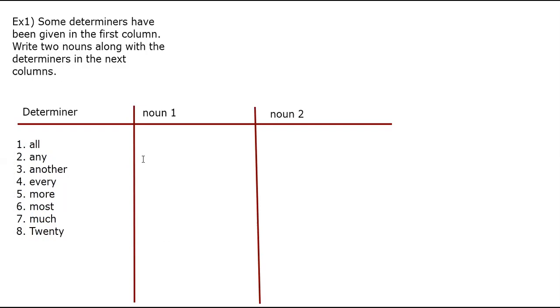So books are nouns and 20 is a determiner. Like that, you have to write two nouns for every determiner. Like every, so every moment, more advice, most women, much money. Like that, you have to give two nouns for each determiner. You have to do this in homework.